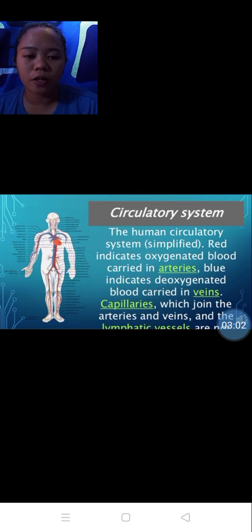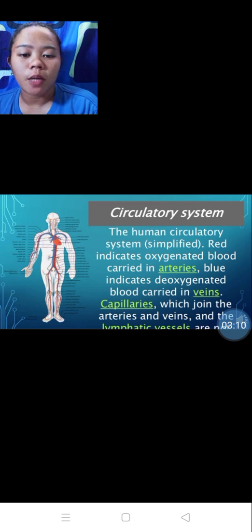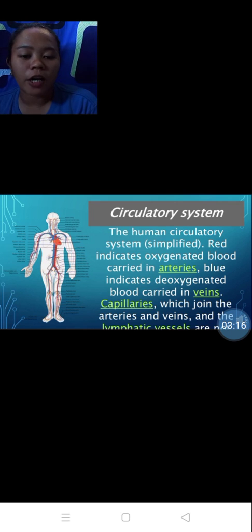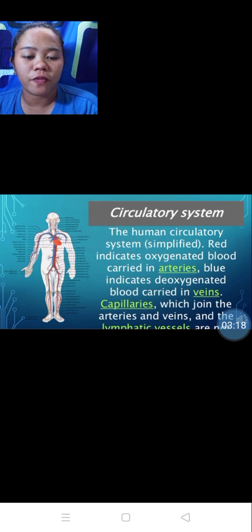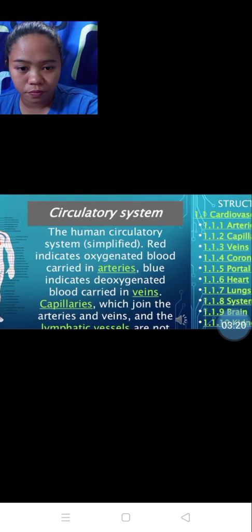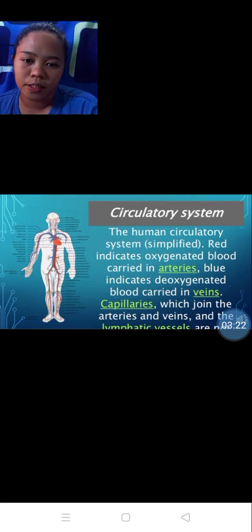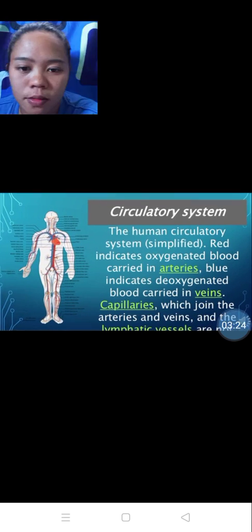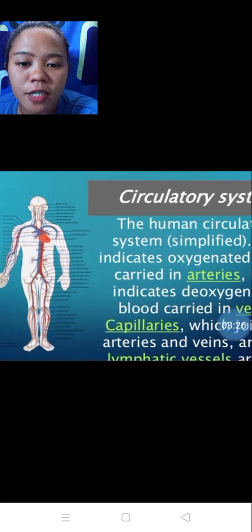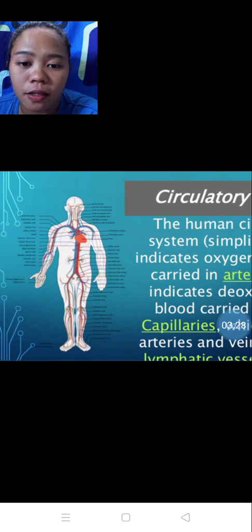So the human circulatory system simplified: the red indicates oxygenated blood carried in arteries, the blue indicates deoxygenated blood carried in veins, the capillaries join the artery and vein, and the lymphatic vessels are not. Yan po ang diagram ng circulatory system in the left side.